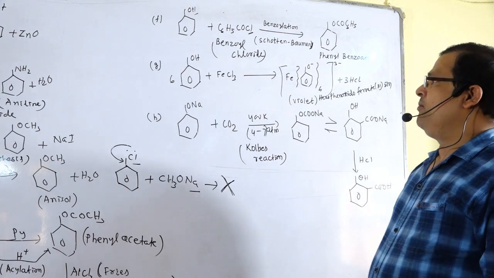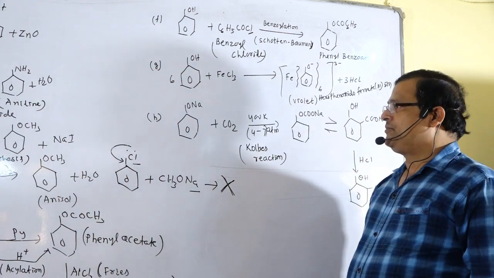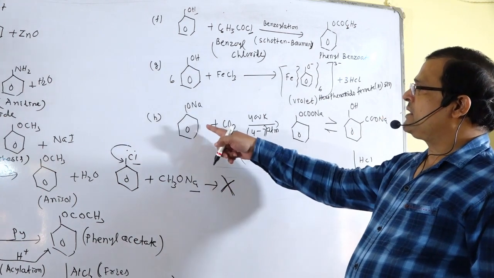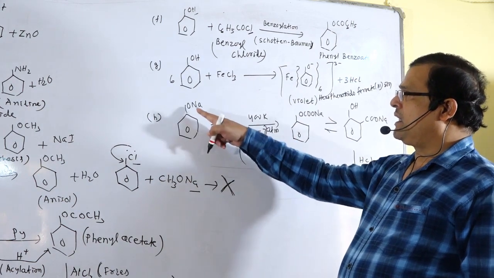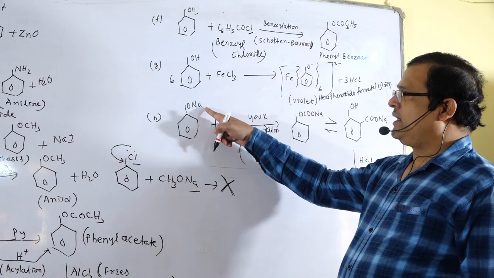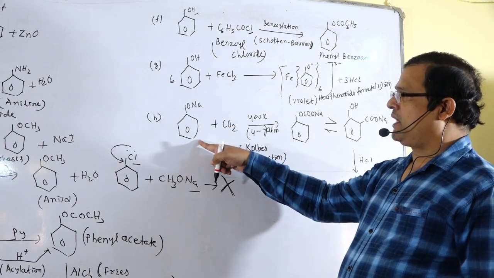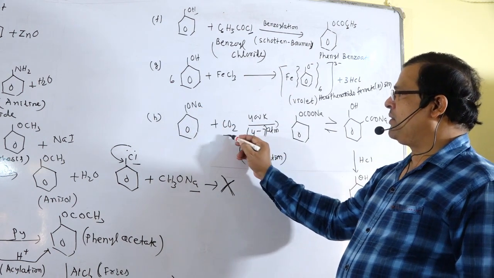So next one is the Kolbe reaction. The benzene ring attached with ONa, that is sodium phenoxide, is treated with carbon dioxide.